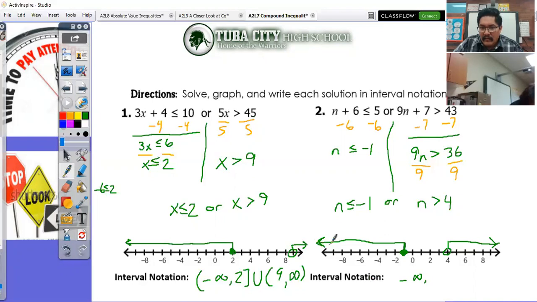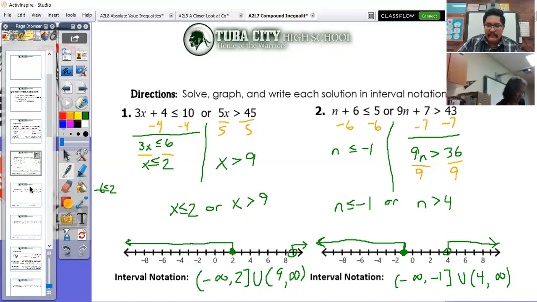And going right, we run into -1, so it stops at -1 and is included. So I'm going to go ahead and put a bracket there to show that it is included. 4 is not included, so I'm going to use a parenthesis. So from 4 to infinity. There we go.